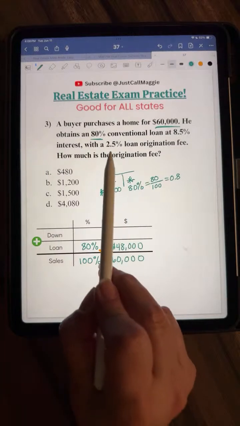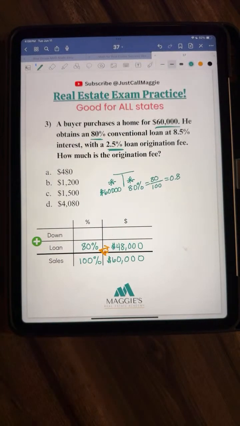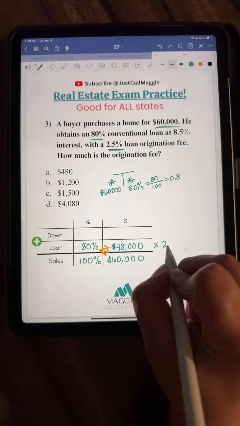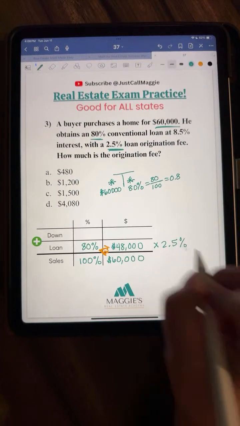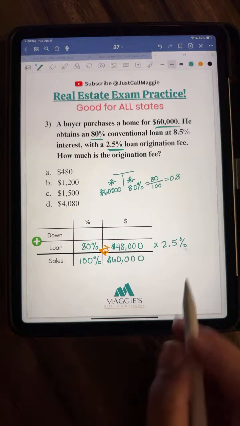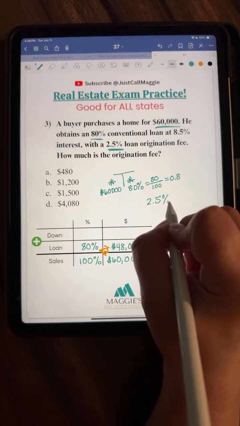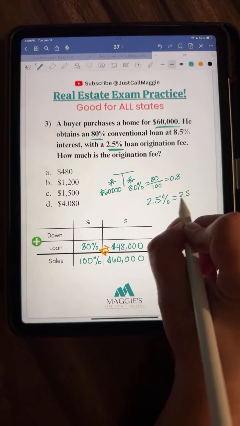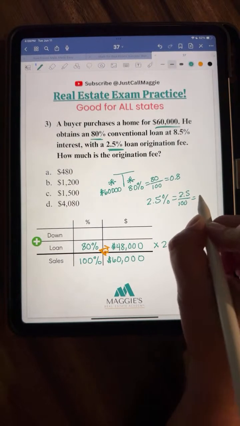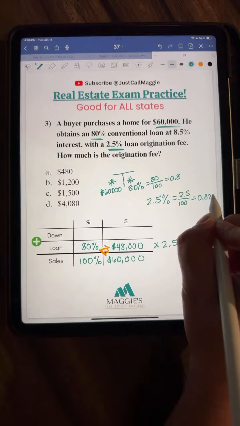And now we have this 2.5% loan origination fee, which obviously is just going to go right here. And now we're just going to convert 2.5% into a decimal. So 2.5 over 100 is going to give me 0.025.